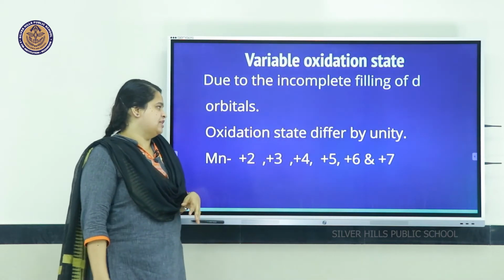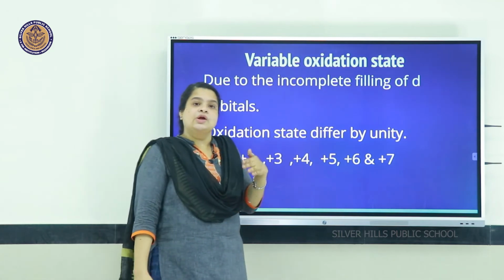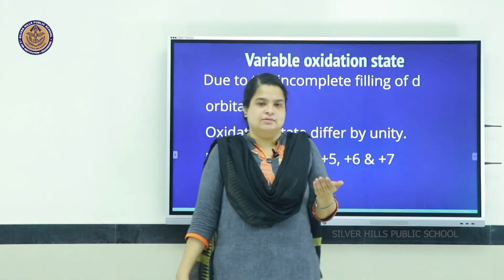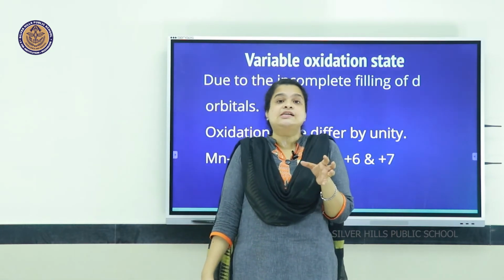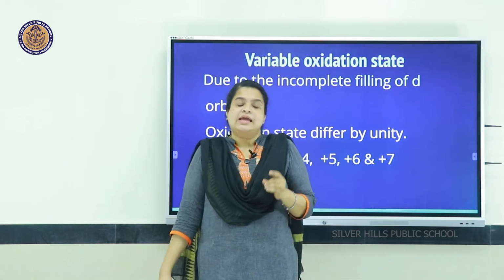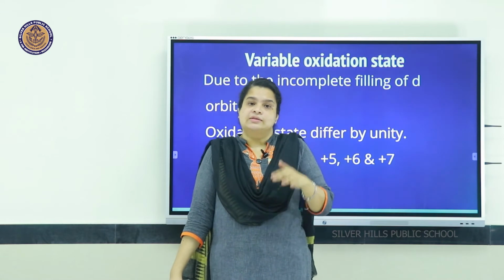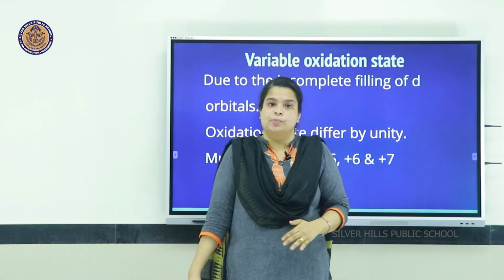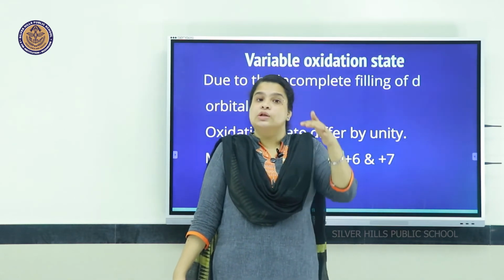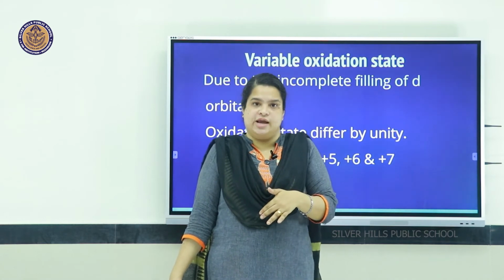Now, variable oxidation state. In your p block chapter and in the other sessions, we have studied that the inert pair effect is there. Inert pair effect means that coming down the group, you have heavier elements with lower oxidation states.